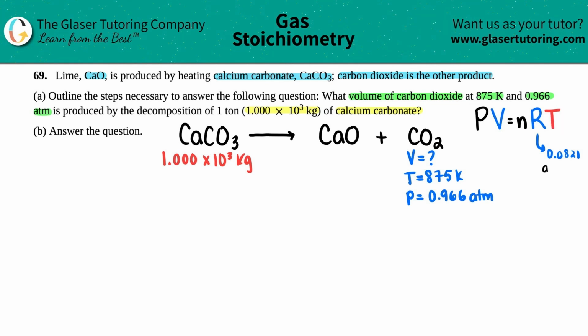So this is atm times liter divided by mole times Kelvin. So when I'm plugging in my pressure value, this has to be in atm. Oh, thank goodness. They give it to me in atm, so I don't have to convert anything, so that's a check. We're looking for the volume.